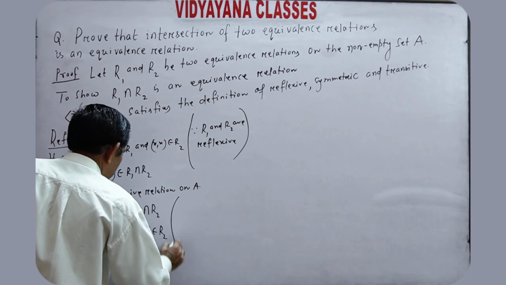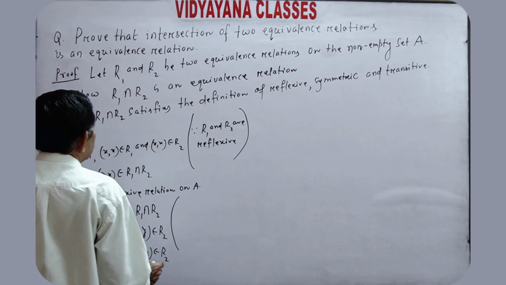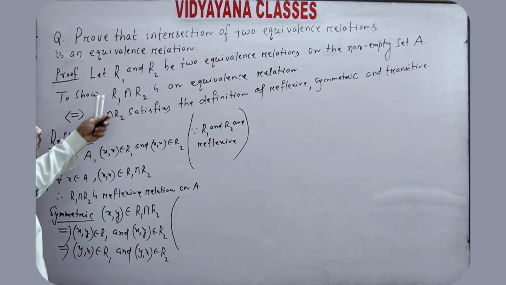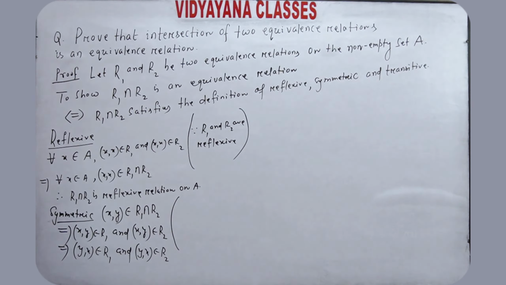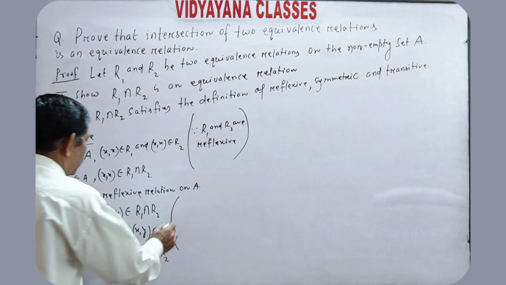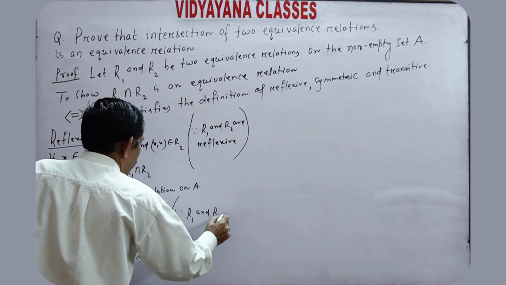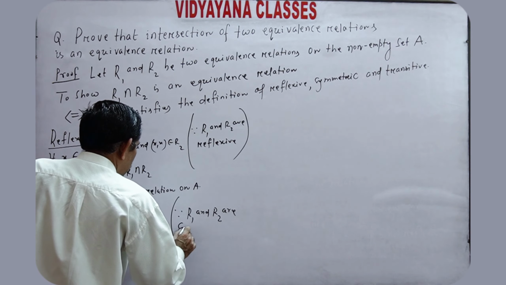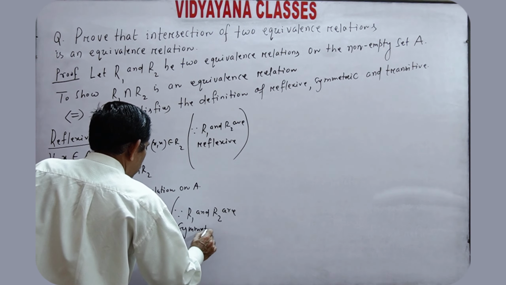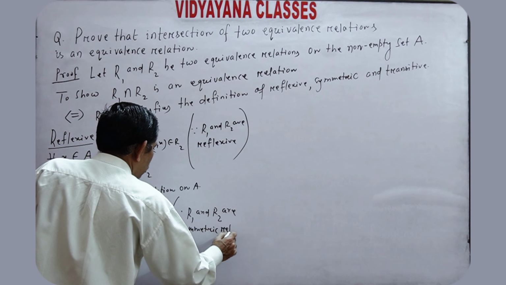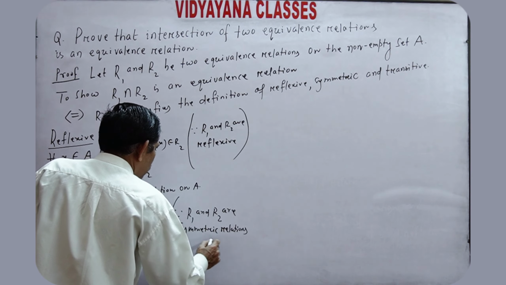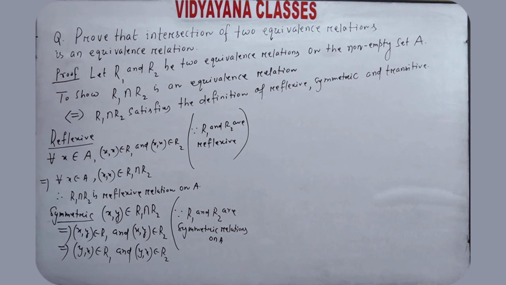Since R1 and R2 are equivalence relations, R1 and R2 are symmetric relations on A. R1 is symmetric, that means (x,y) belongs to R1 implies (y,x) belongs to R1.